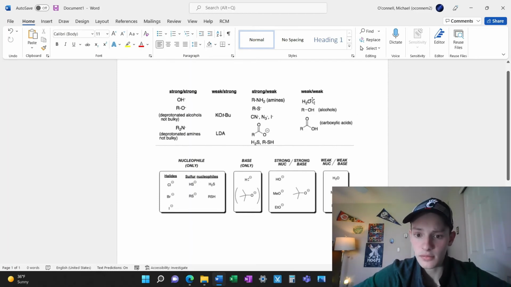But for all intents and purposes here, we need to understand that they are weak nucleophiles and weak bases, first of all, because they don't have that negative charge that we're always looking for, right? They typically are protonated, so we have ROH, H2O, water, and then carboxylic acids as well.